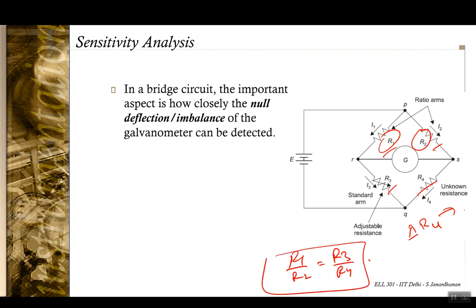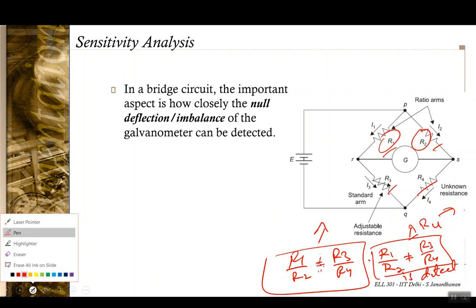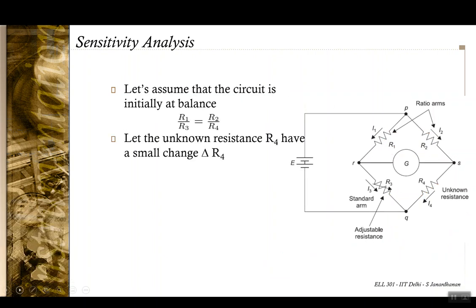We can only know if R1 by R2 not equal to R3 by R4 is detected. So how close to the equality, but being unequal, can we go and still detect a deflection? In plain words, that is basically the sensitivity. However, plain words is not enough. We have to go into the mathematics of it.